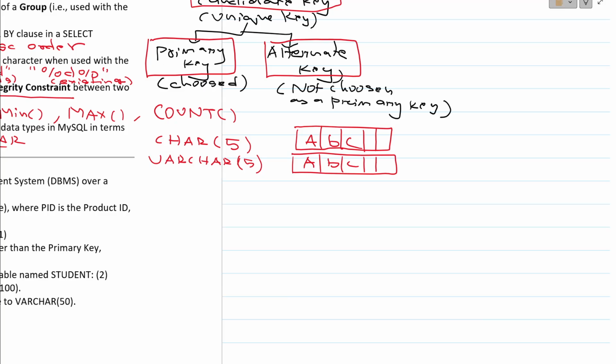The difference is that CHAR has a fixed length. If you have already declared that 5 characters have to be stored, even though you are storing 3 characters, the other 2 places will also be consumed with garbage value. This will be stored with garbage value.